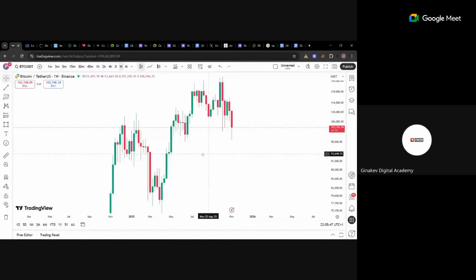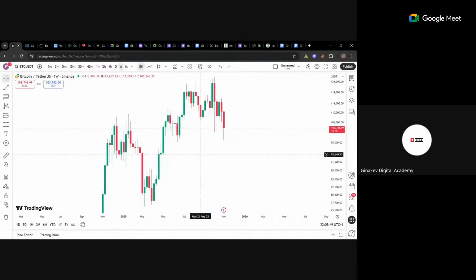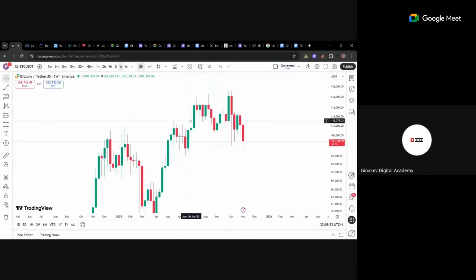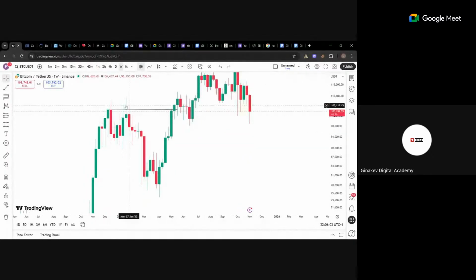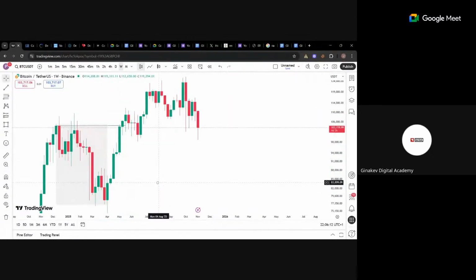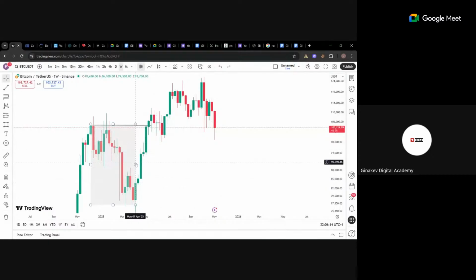So let me show you guys something. So we have on the weekly, right? We have a break of structure around here, somewhere around here. This is our break of structure, obviously, this seller structure. I don't want to keep on doing this, but let's just keep on doing it until I'm sure that everybody is already catching on.